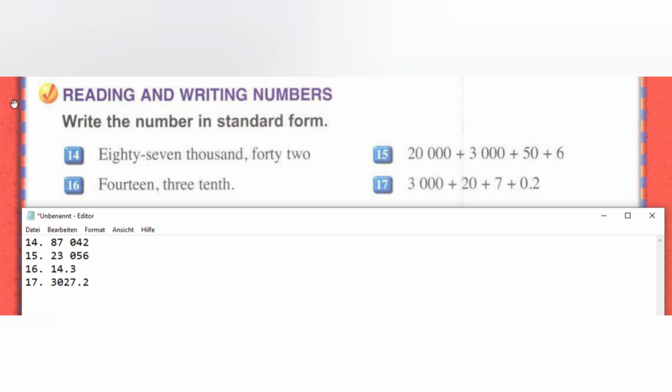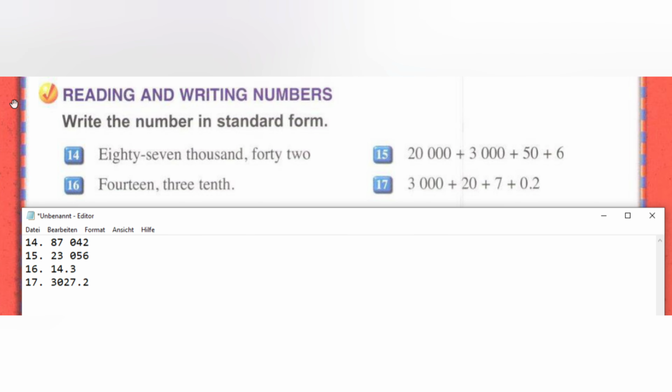So here we have reading and writing numbers. The task is to write the number in standard form. So 87,042, we have, as you can see, 87042. The task number is 15. 20,000 plus 3,000 plus 50 plus 6 is 23056. Okay.